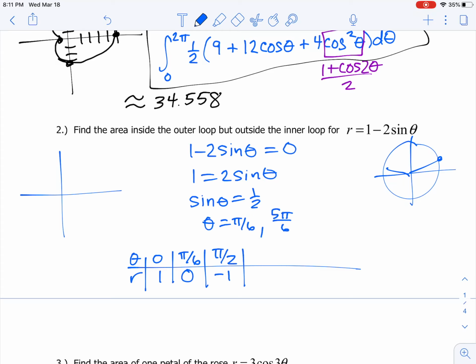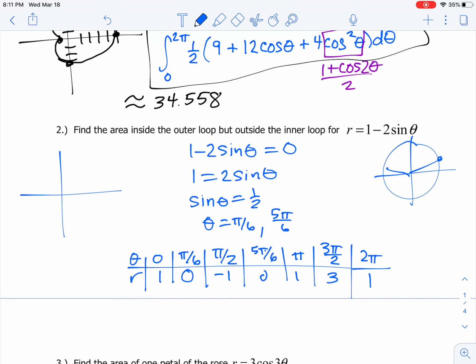Then I'm going to go with 5 pi over 6. And I can get 0. I'm going to go with pi. So I like to do the 4 points that are on the axes for sure, and then maybe a couple of others. So that's going to give me 1. 3 pi over 2 is going to give me a value of 3. And back to 2 pi is going to give me a value of 1.